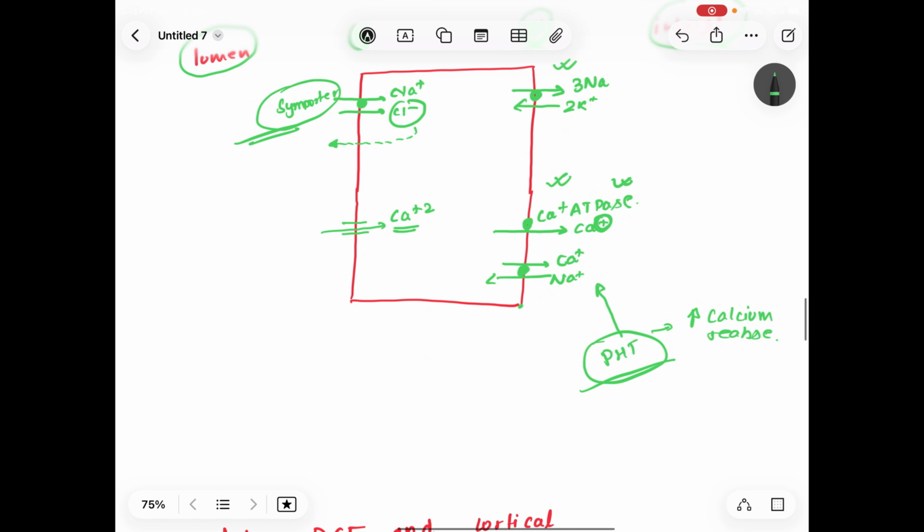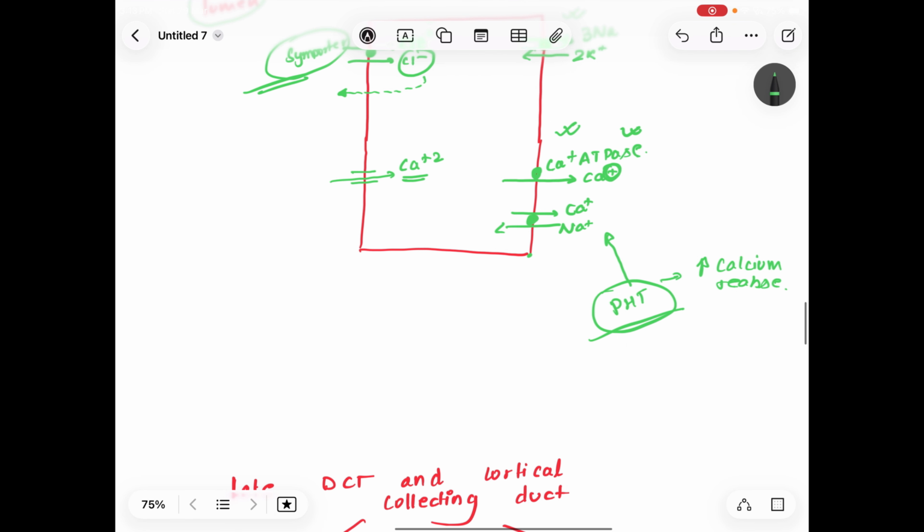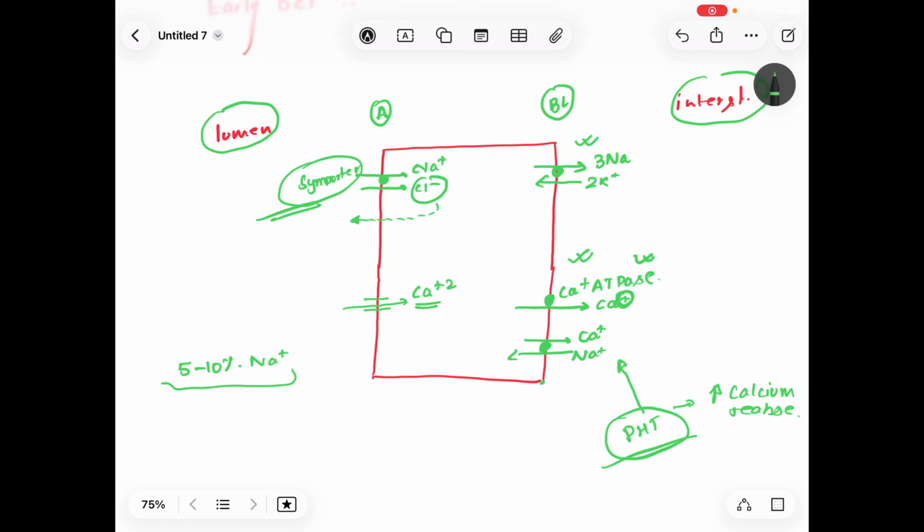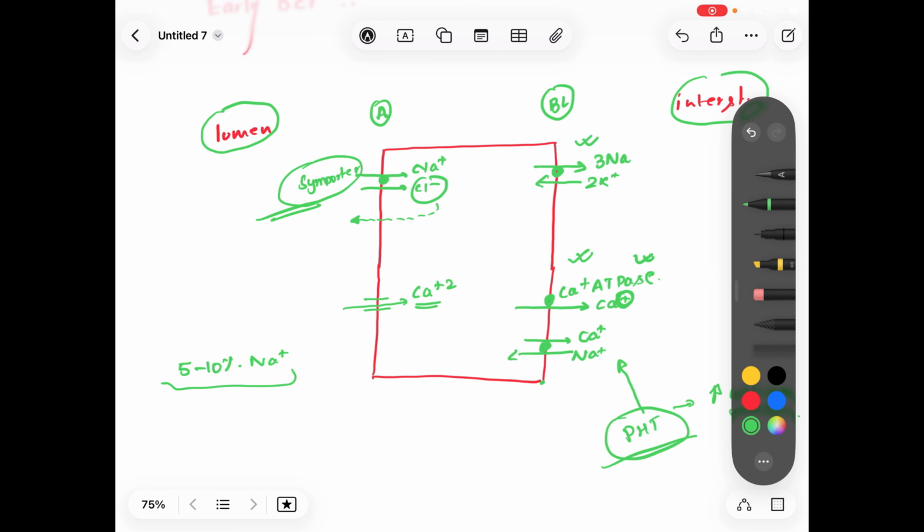In total, 5 to 10% of sodium reabsorption occurs in the DCT. Now coming to one more important point, which is this one. This is the transporter where the action of thiazide happens.